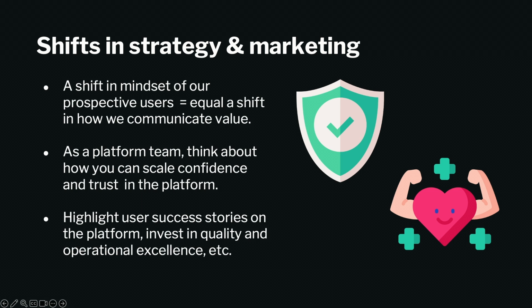When you're doing those surveys, what are people really worried about? Is it efficiencies, stability? What are they worried about, and focus on those things. And highlight user success stories on the platform, invest in quality and operational excellence. We found doing user interviews and taking pull quotes from them and highlighting them in all hands really helped us when we were trying to get more folks on board.